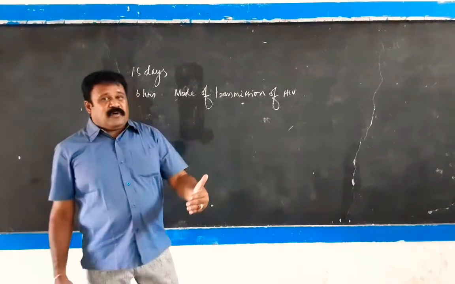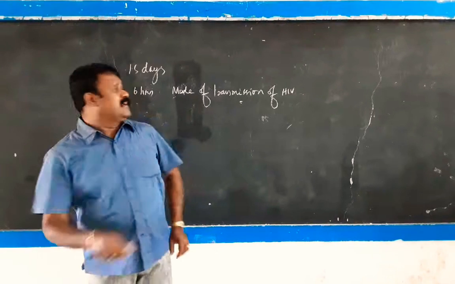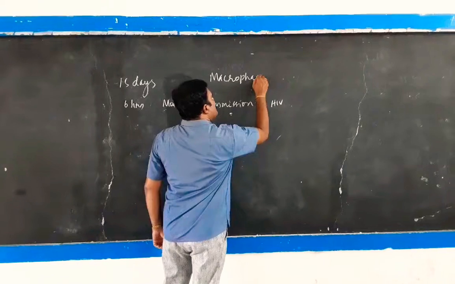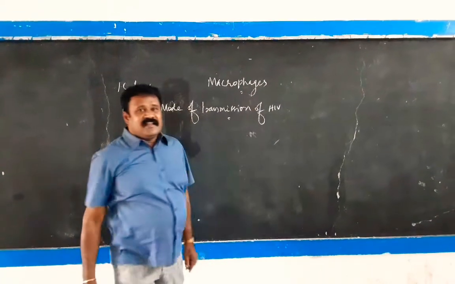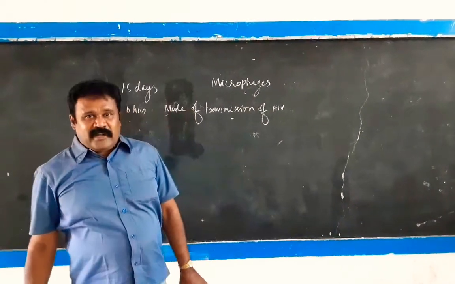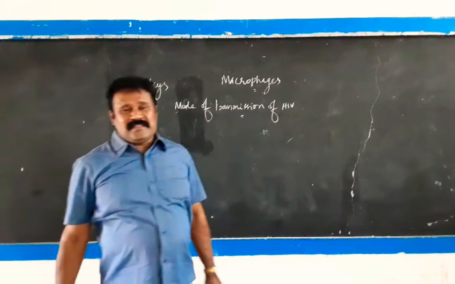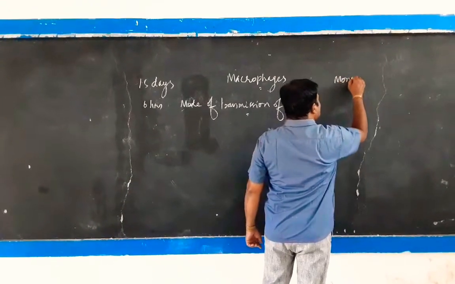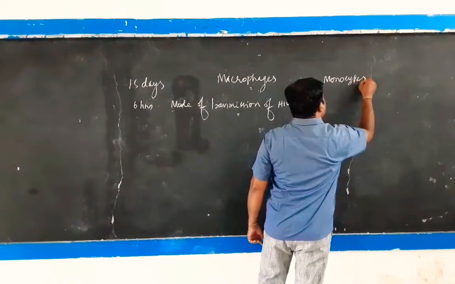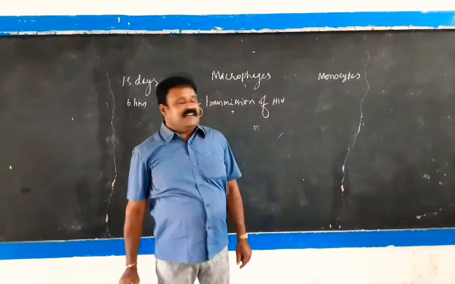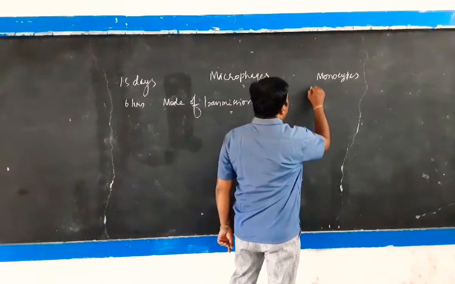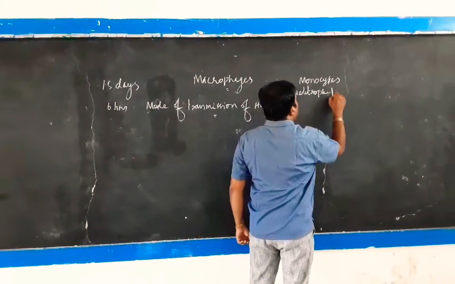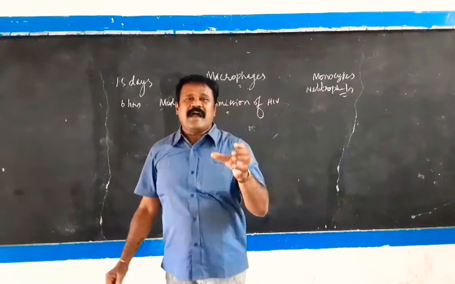Once it enters into the body, it finds its way into macrophages. Macrophage is not a permanent cell in the body. There are 5 types of WBC we know. Among that, the monocytes and neutrophils club together to become macrophages.